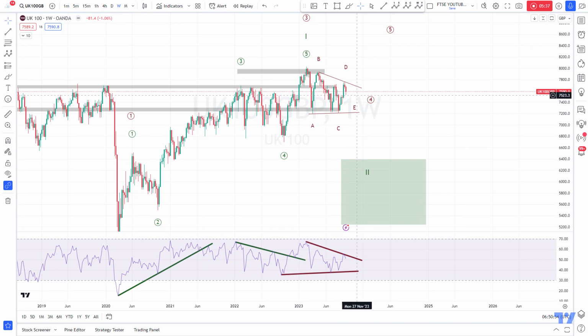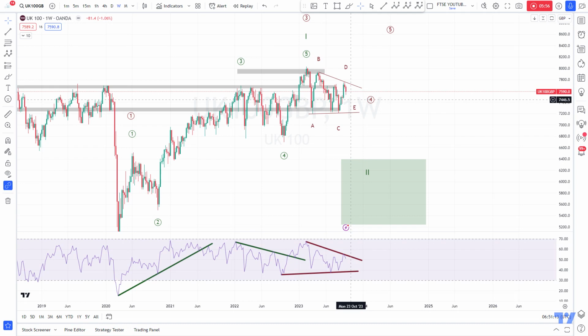So it could be that the move down here as a wave E coincides with the moment that the corrections in the DAX, in the Dow Jones, and in the Nasdaq are over.